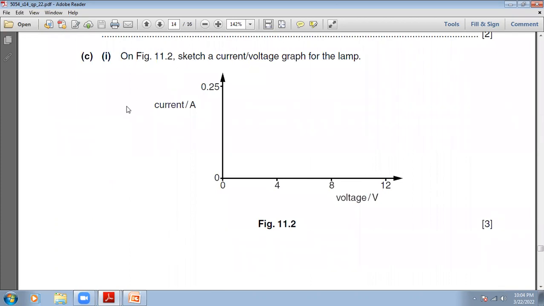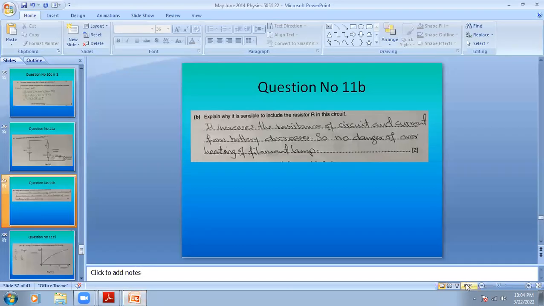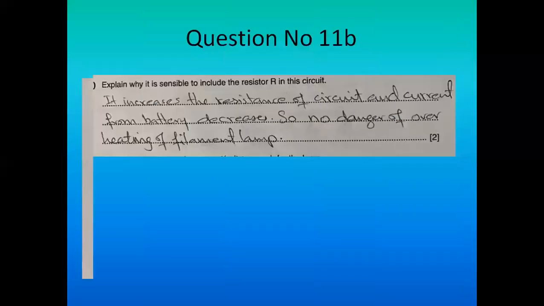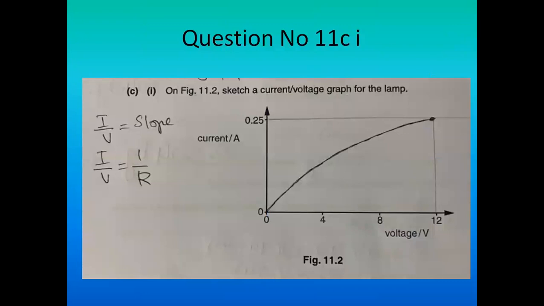On figure 11.2, sketch a current voltage graph for the lamp. You see here the current is represented on the y-axis and the voltage is represented on the x-axis. So the slope of this graph will be equal to I by V, and I by V means 1 by R. So the slope here is equal to the reciprocal of the resistance, because as you increase the voltage and the current, the lamp becomes brighter and brighter, temperature rises, so its resistance rises.